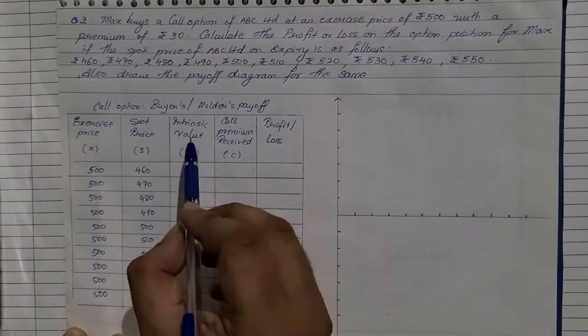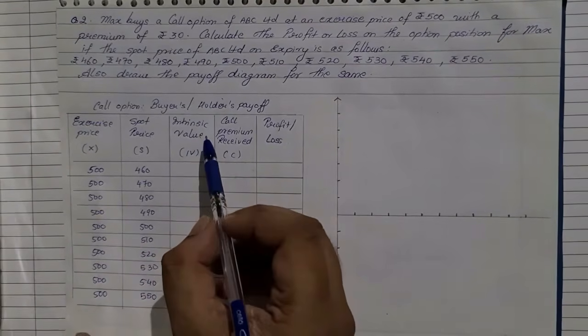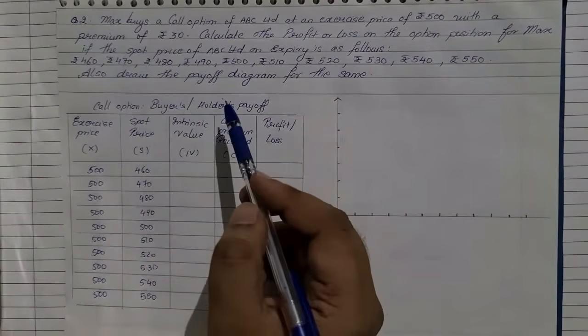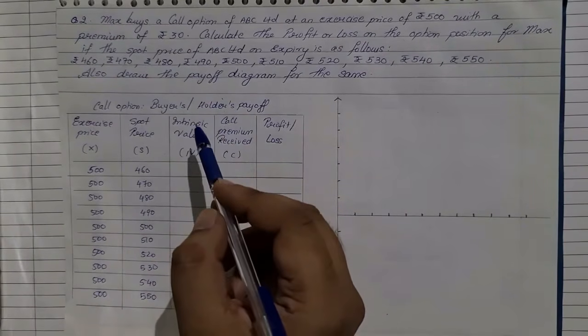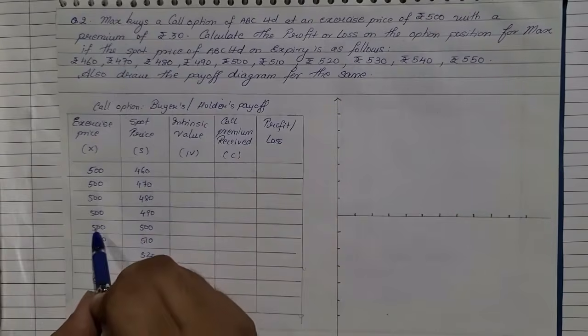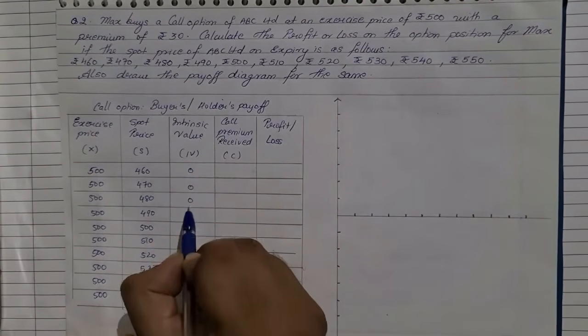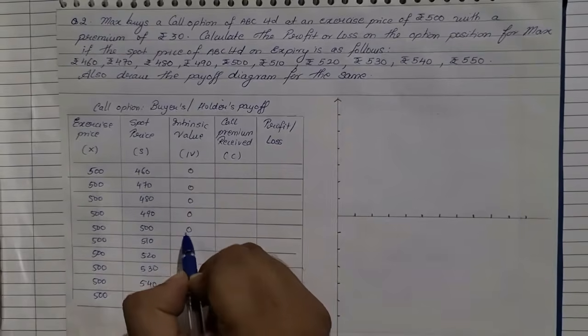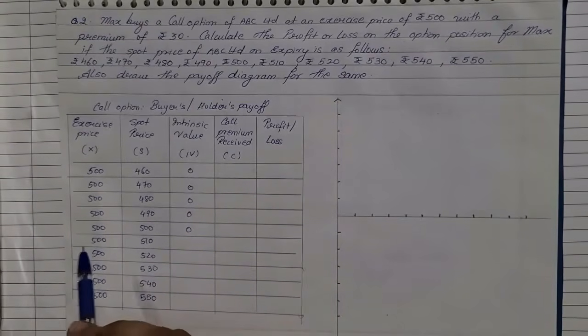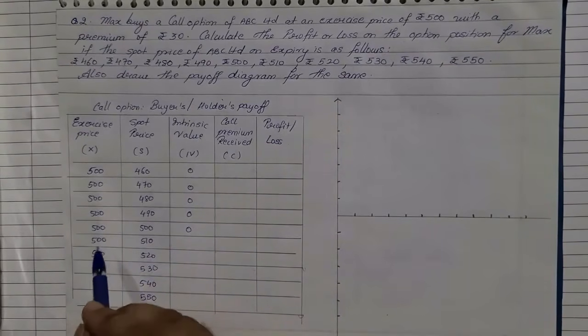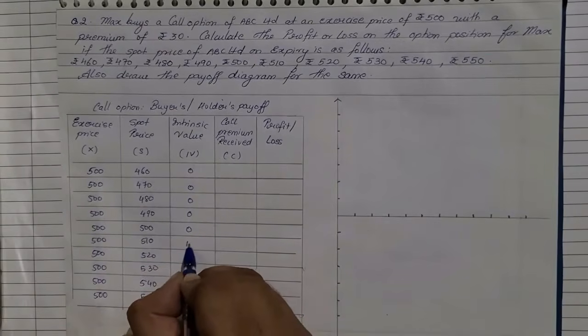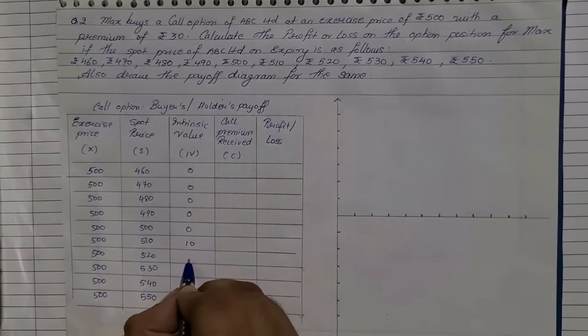The next column that we need to find is the intrinsic value. Since it's a buyer's payoff table, remember that up to the point where exercise price and spot price are equal, the intrinsic value will be 0. Thereafter there will be a positive difference between the spot price and the exercise price. So 500 and 510, the intrinsic value is 10.